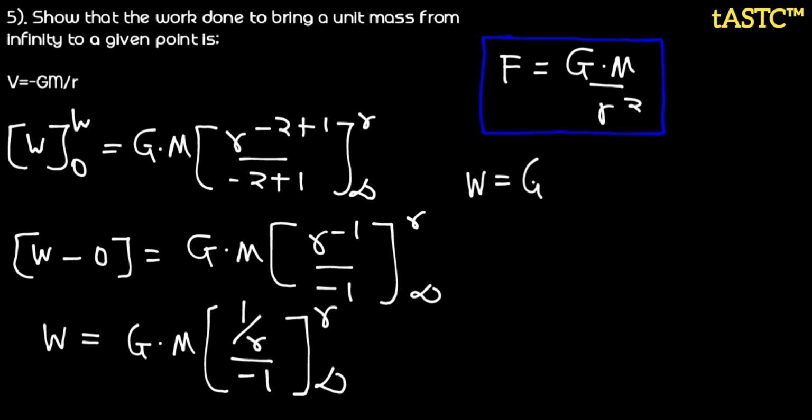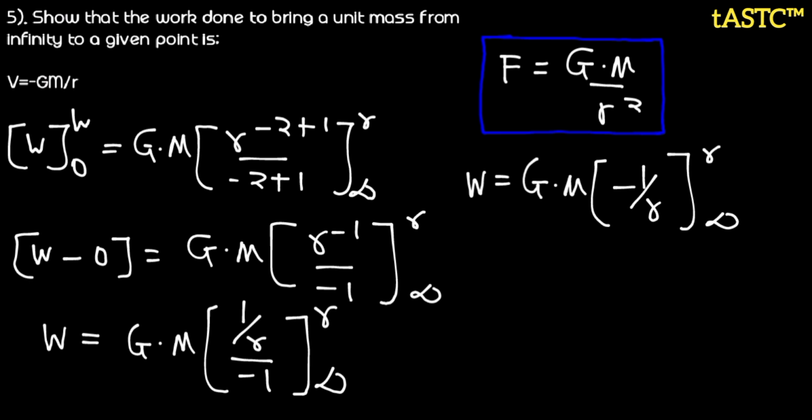So W is equal to G multiplied by M, and that is multiplied by this stuff. If we have a 1 divided by r divided by negative 1, that should give us a negative 1 divided by r, at the upper limit of r and the lower limit of infinity.